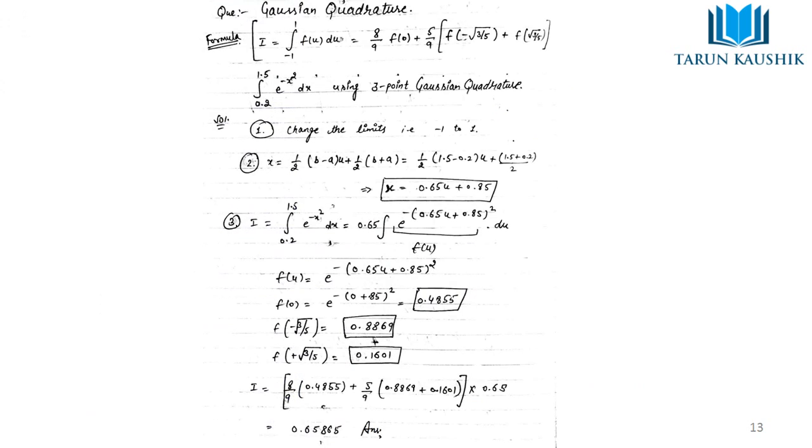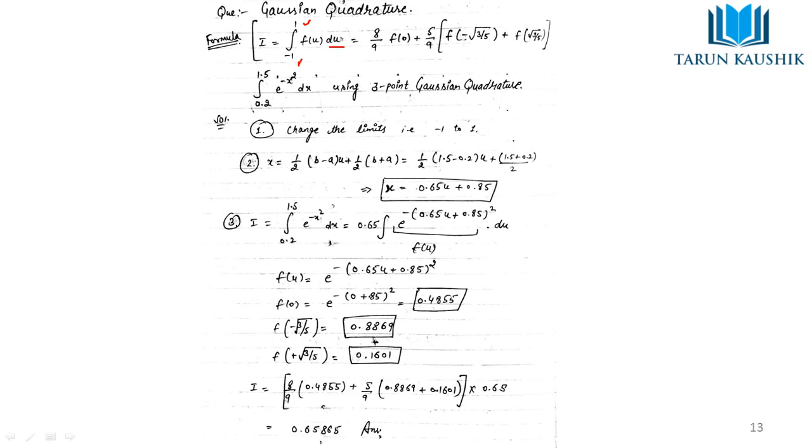Okay, so this question, Gaussian quadrature, has not been asked, but it can be asked. So for this, you just remember this formula: I equals the integral of f of u from minus 1 to 1, du.